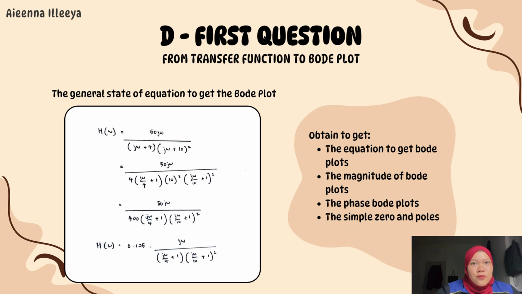The standard form makes it easier to draw both the magnitude and phase Bode plot by breaking the function into smaller parts that we understand well.